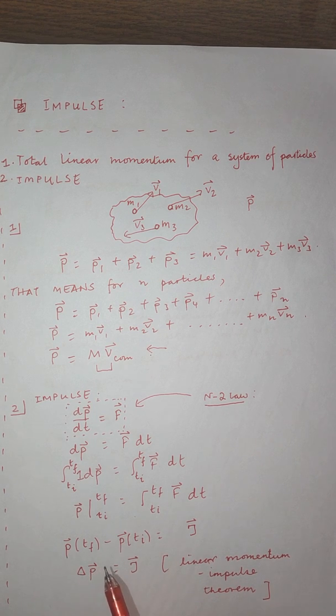So if we subtract the initial linear momentum from the final linear momentum, we end up with delta p, which is the change in the linear momentum. So the change in the linear momentum is equal to the impulse. This is what we call the linear momentum impulse theorem.